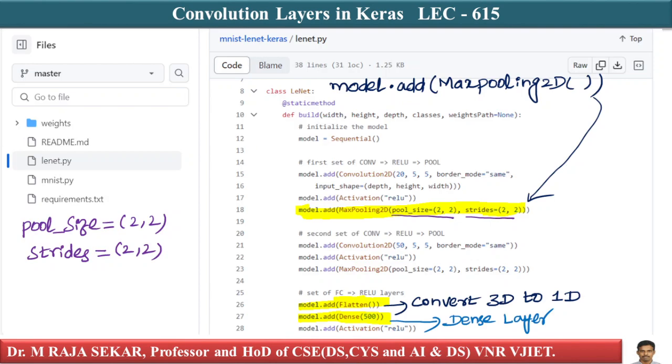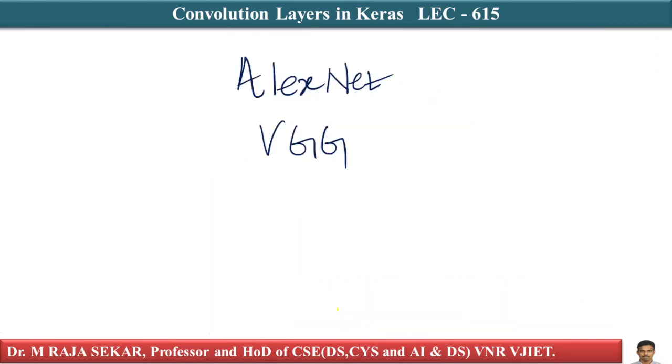I hope this simple code gives you a flavor of how to implement convolutional neural networks in Keras. We will see more and more code in Keras, and more convolutional neural networks like AlexNet and VGG. These are very popular, just like LeNet. LeNet is an older version, maybe from 98.